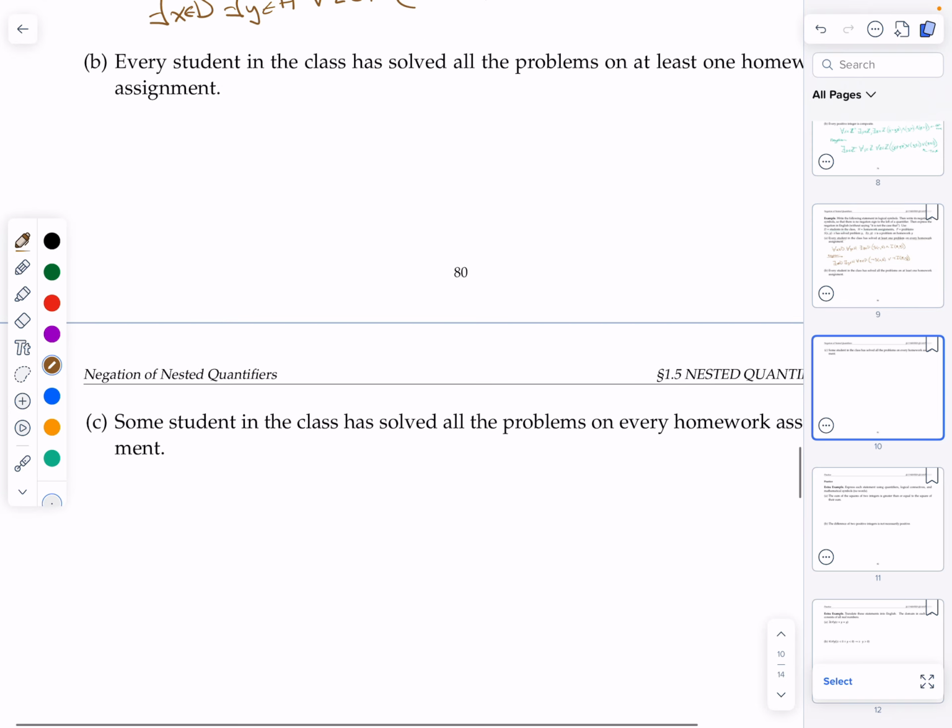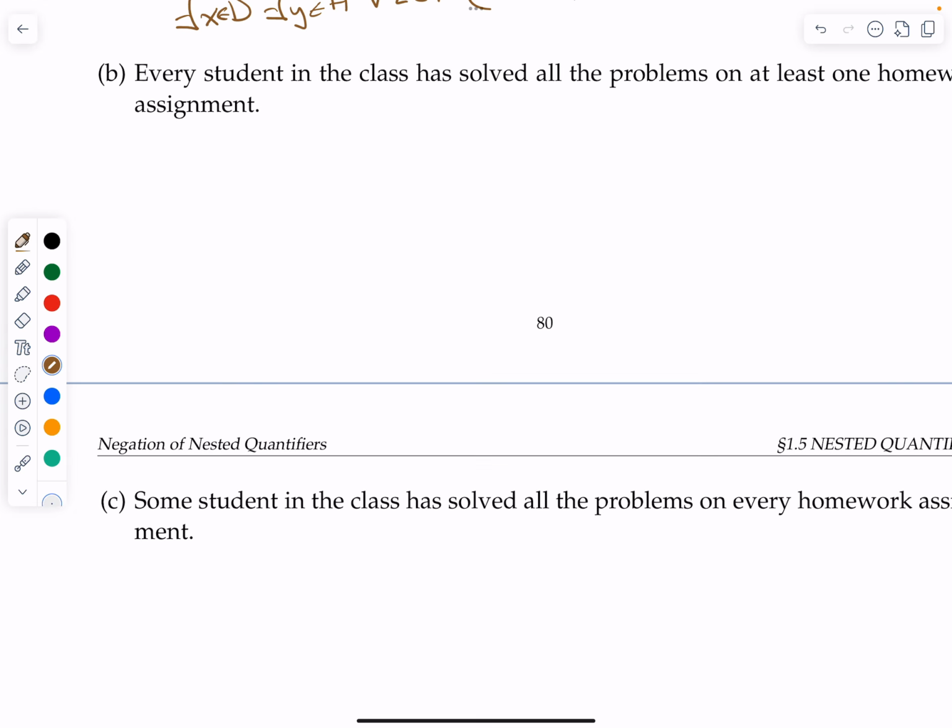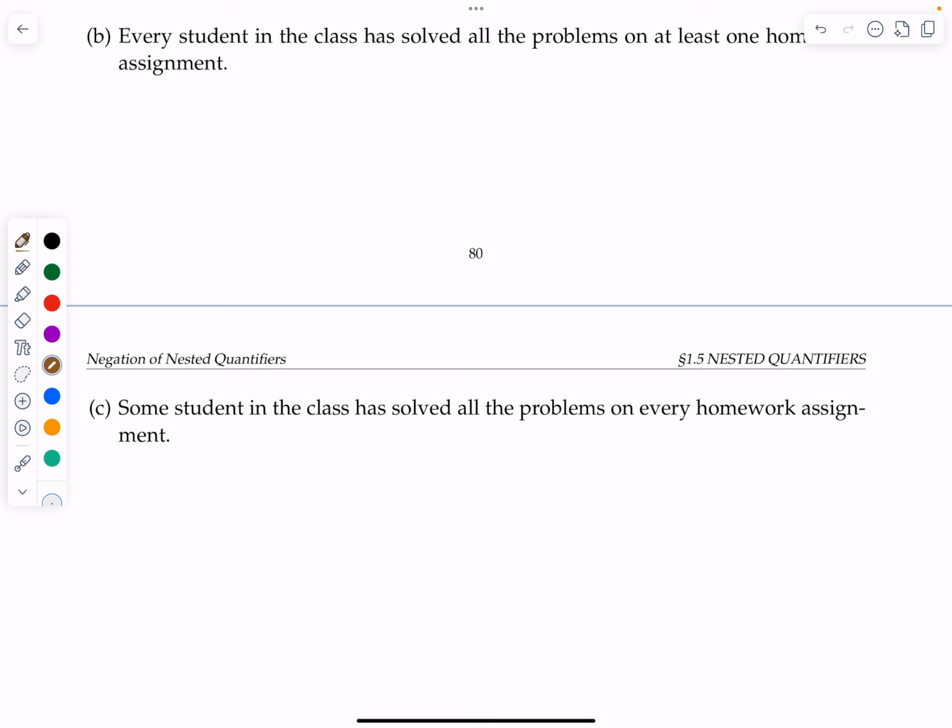All right, every student in the class has solved all the problems on at least one homework assignment. Okay, so for all students, there is at least one assignment. So each student has, it could be a different assignment for each student, that's fine.